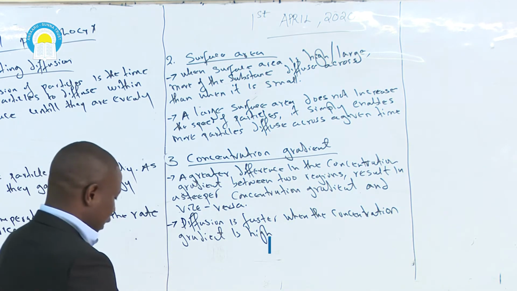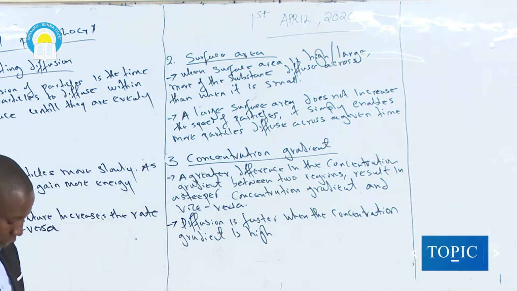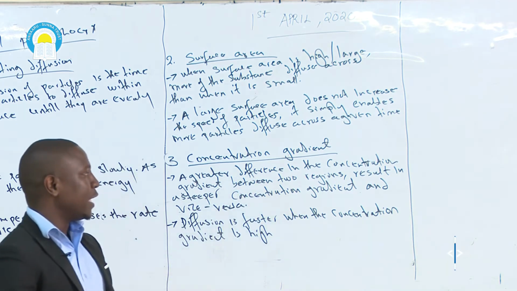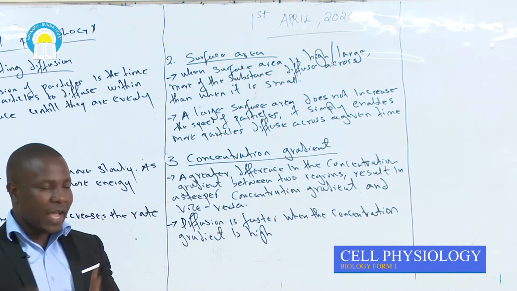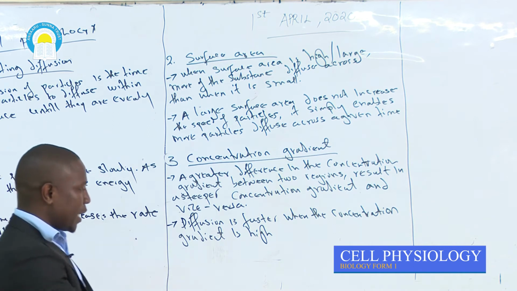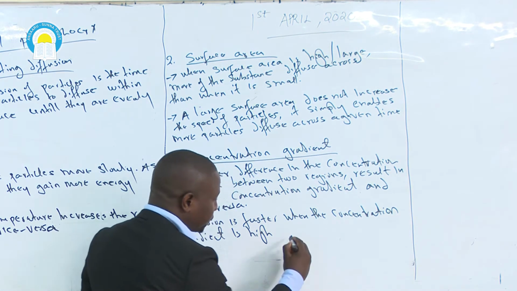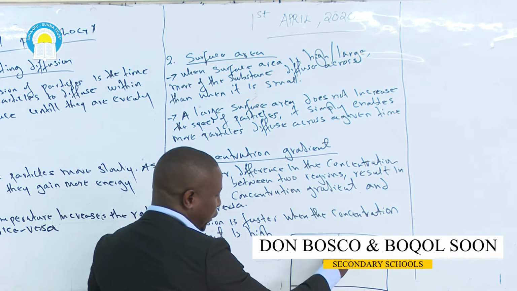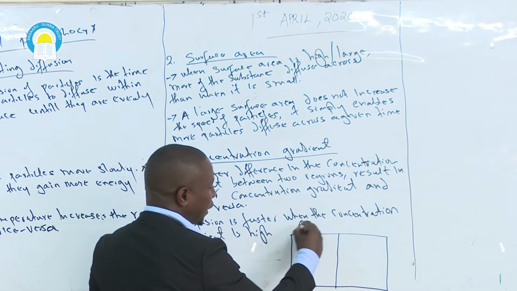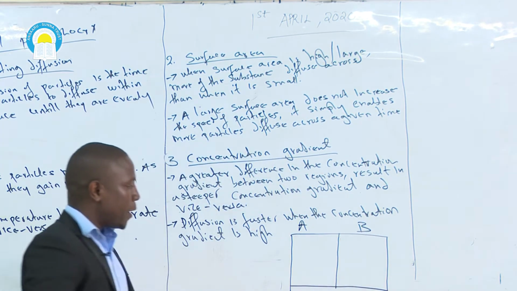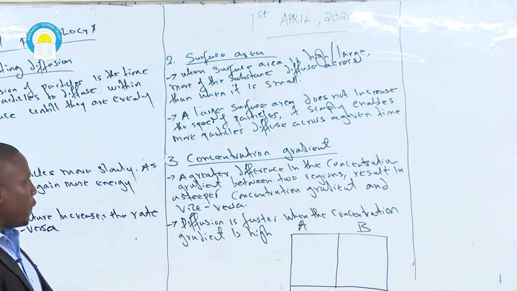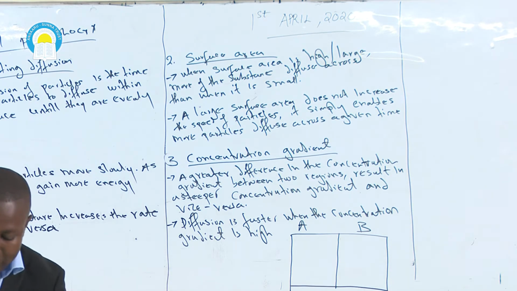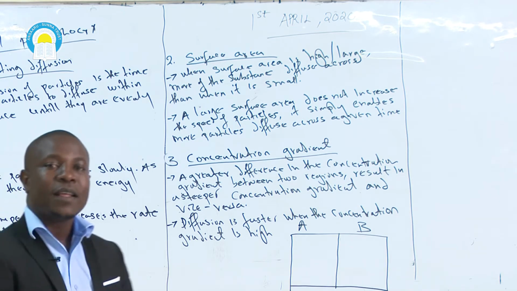So you are being told that concentration gradient is the third factor that affects the rate of diffusion. A greater difference in the concentration gradient, here it is. We draw a diagram to demonstrate it. We partition it into two, side A and side B. For diffusion to take place, there must be a concentration gradient, whereby one side is more highly concentrated than the other.